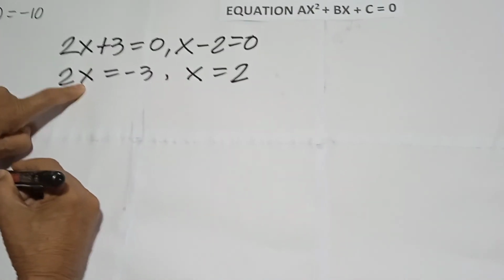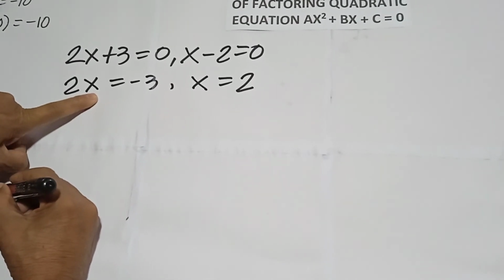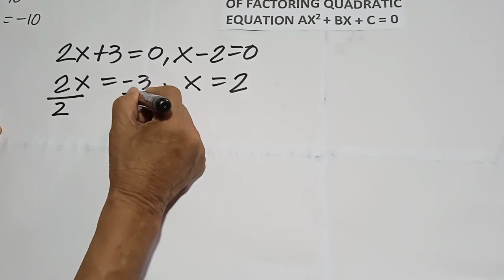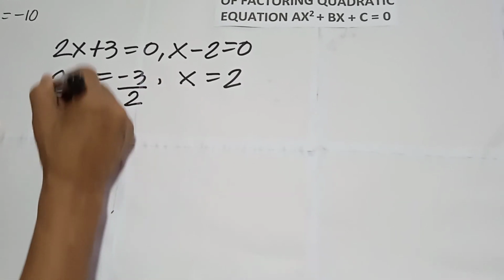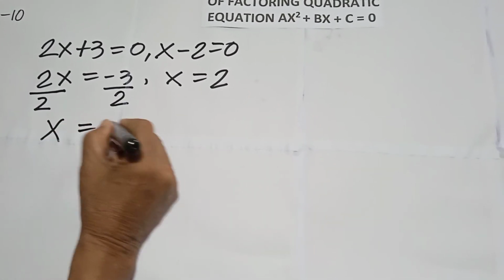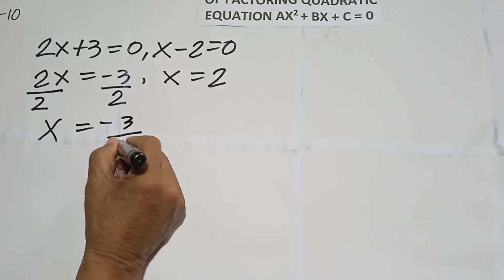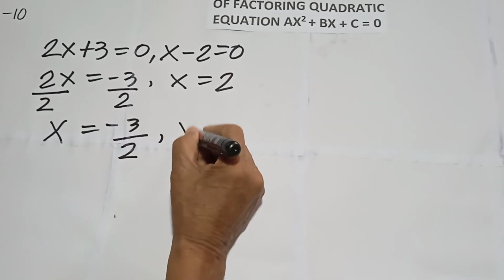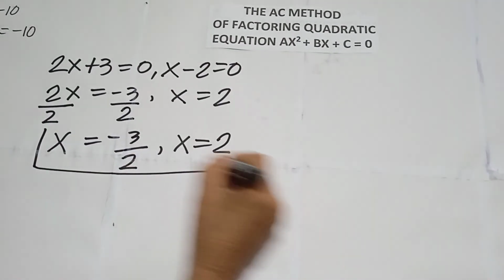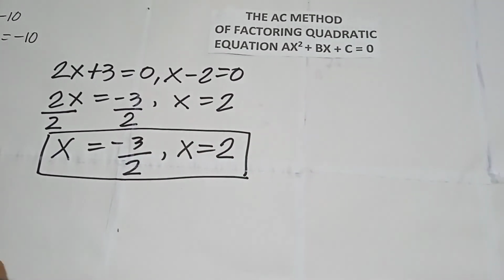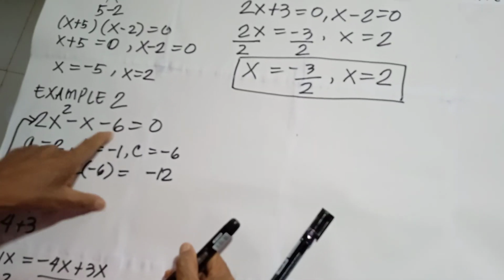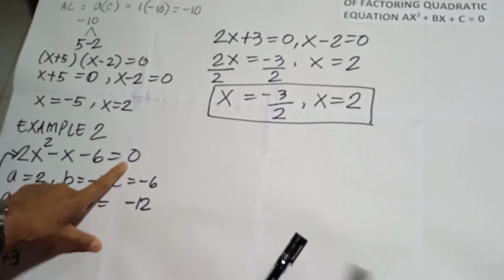Since 2 is attached to x, we divide both sides by 2. What remains is x equals negative 3 over 2, or negative 3 halves, and the other value is 2. So these are the values of x in the quadratic equation 2x squared minus x minus 6 equals 0.